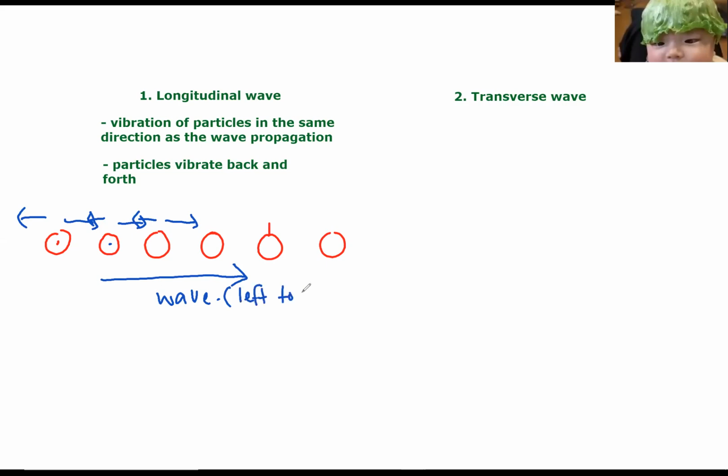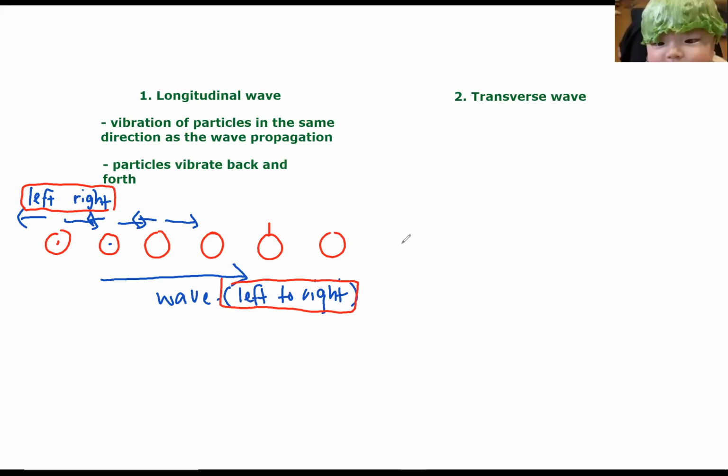Now, if you compare with the vibration of the particles, where is the direction of the vibration? The vibration also goes left, right. So if the vibration of particles is the same as the wave propagation, meaning the direction of the wave moving is the same, then it is a longitudinal wave.